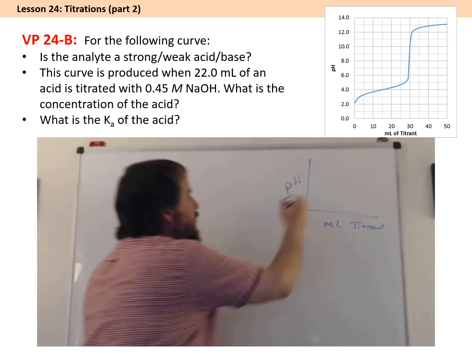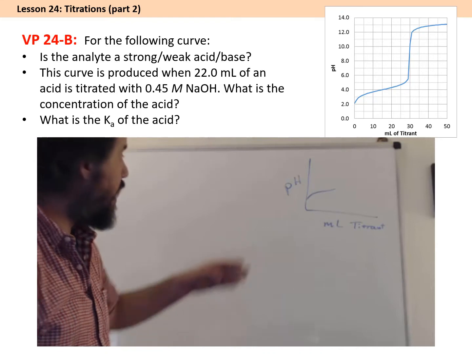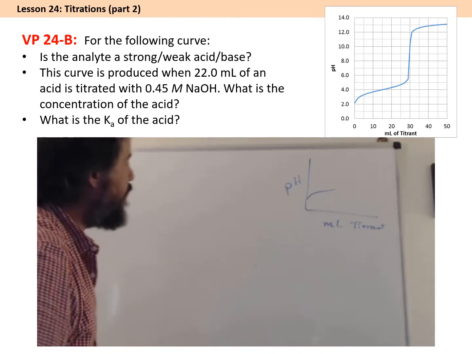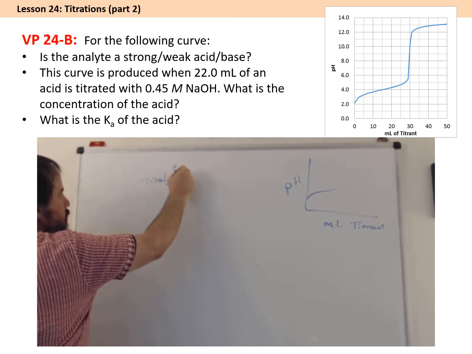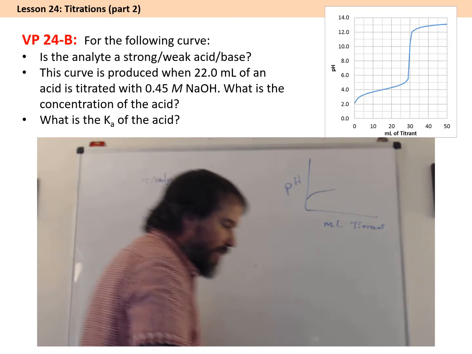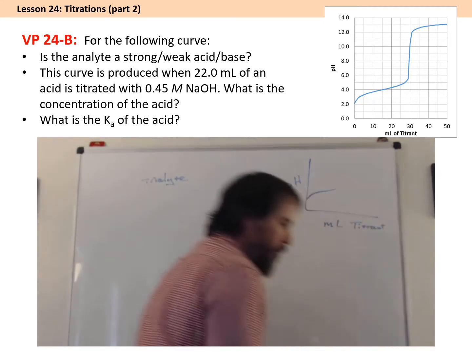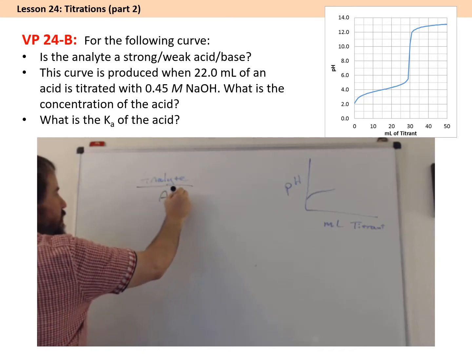At the very beginning, we see something like that. We're starting off at low pH. I'm having a problem with markers right now, but this must be an acid.